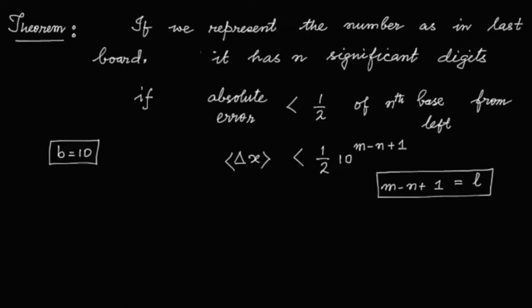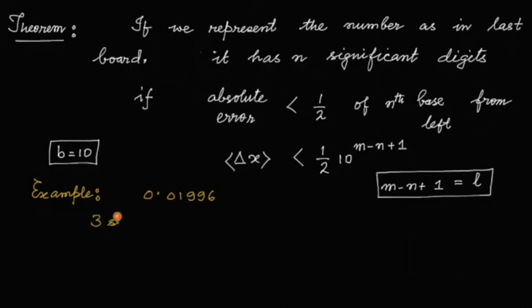So let's say that I have, so this is an example, the number 0.01996, say this number. And I have 3 significant digits.